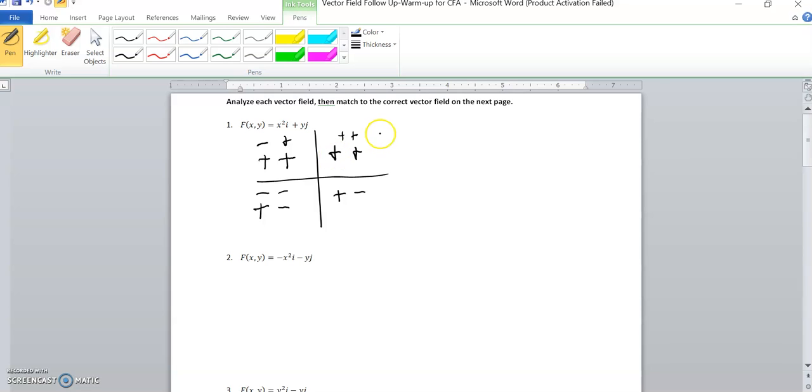So positive, positive means right and up. Positive, positive, right and up. Here it's right and down, and here's right and down also. So we're looking for something that is always pointed to the right, but in the top half it's pointed up, and the bottom half the arrows are pointed down.